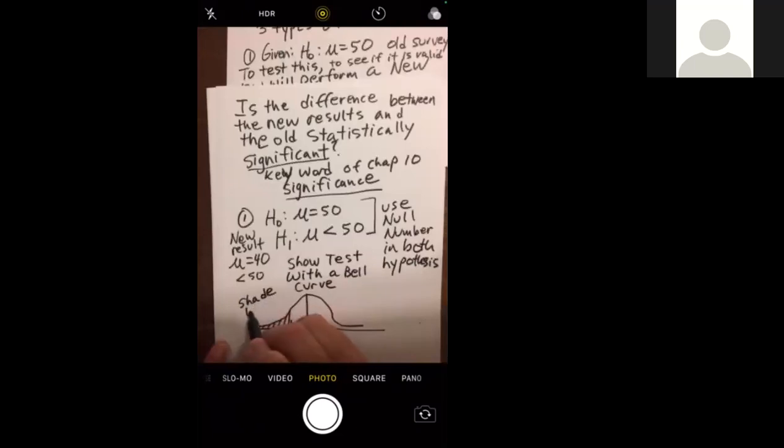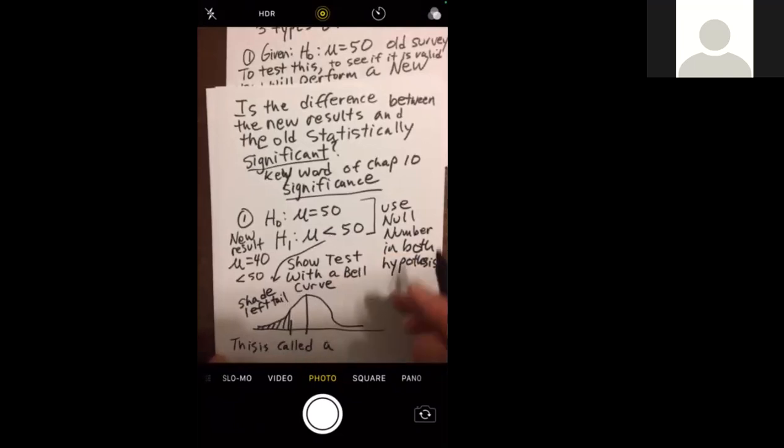Shade the left tail. This is pointing left. You shade the tail that this points to. This is called a left tail test. Bet you had to stay awake all night thinking of that name.